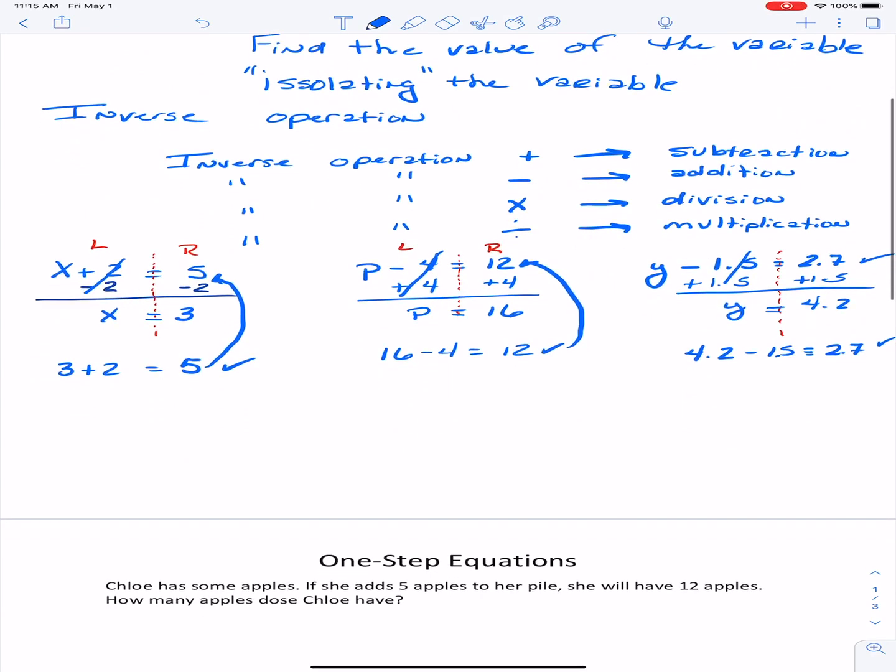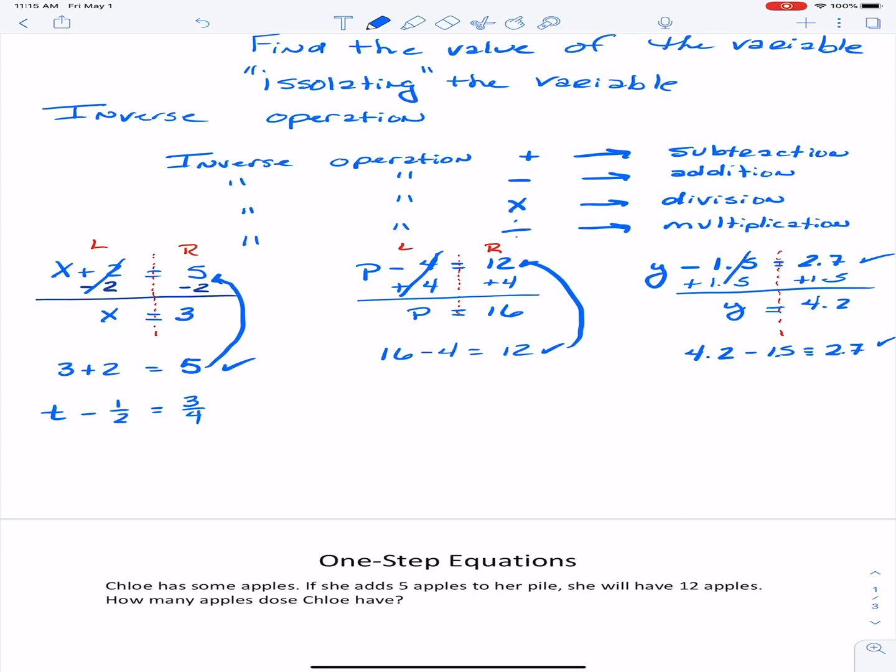I know you guys hate fractions, so we're going to do some with fractions real quick. Same thing: t minus 1/2 equals 3/4. Okay? Again, it's just like the problems that we've done with whole numbers.